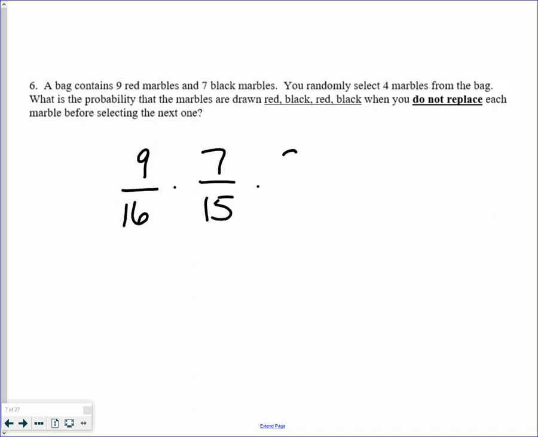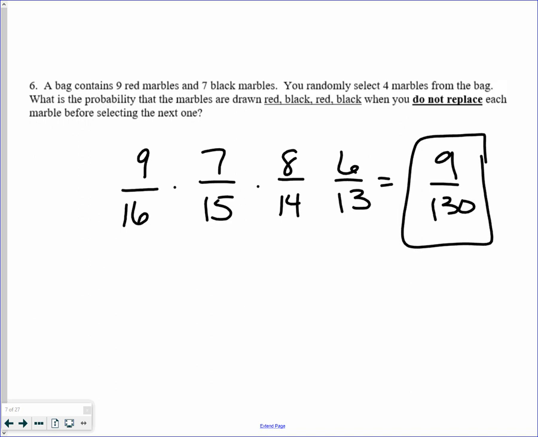Then there's an 8 out of 14 chance of getting a red. And then there's a 6 out of 13 chance of getting a black again, for a grand total of 9 out of 130. And I know I already reduced the fractions, but you can, as I said, reduce those as you go. So a 9 out of 130 chance.